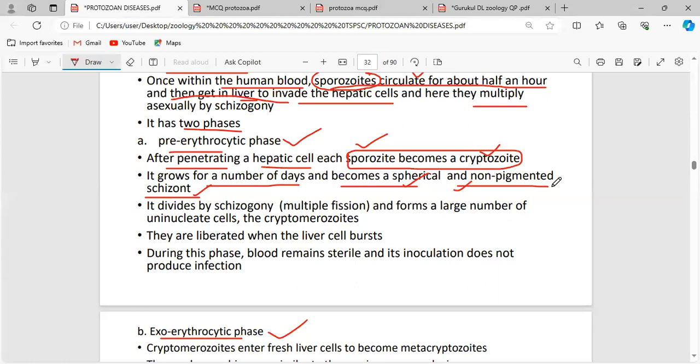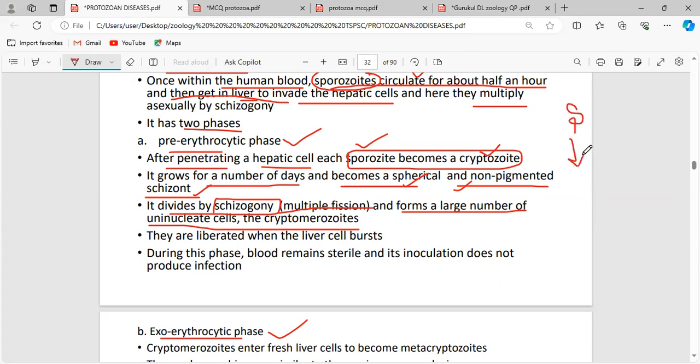After converting into the cryptozoite from the sporozoite, the cryptozoite divides by schizogony, multiple fission, and forms a large number of uninucleate cells called cryptomerozoites. Initially it was a sporozoite, the infectious agent.